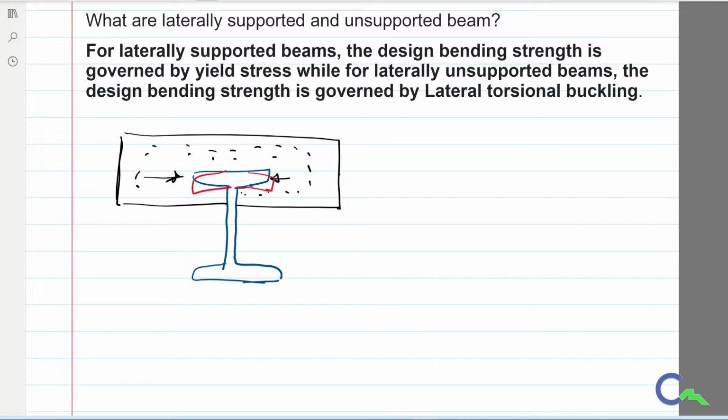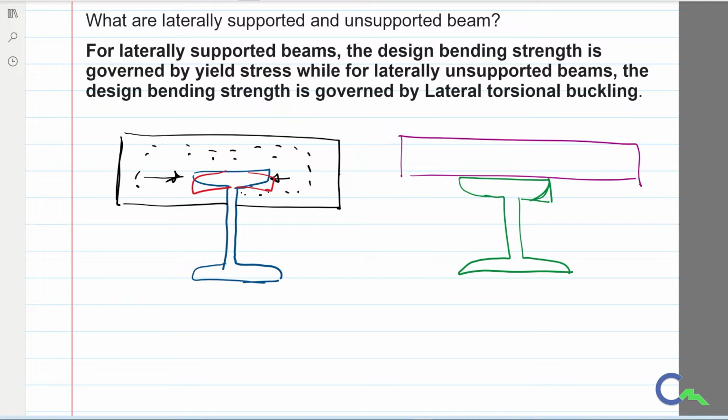But in the case of a laterally unsupported beam, it is not embedded. If I take the same steel I section, not embedded in a concrete slab or anything like that, then if I apply the load, this particular flange is going to experience torsion or buckling.